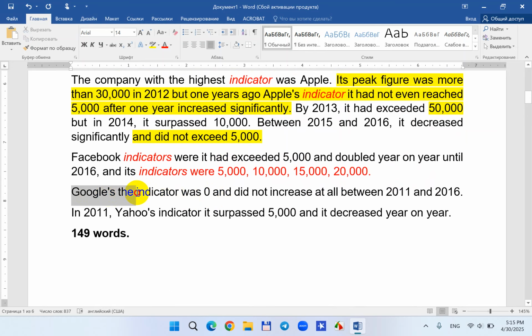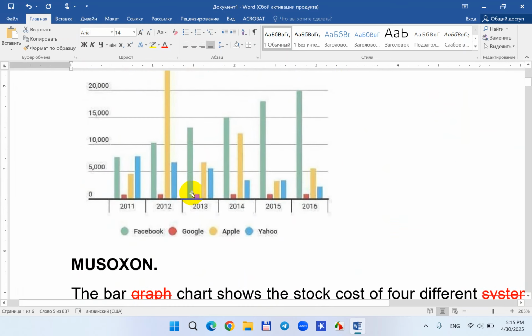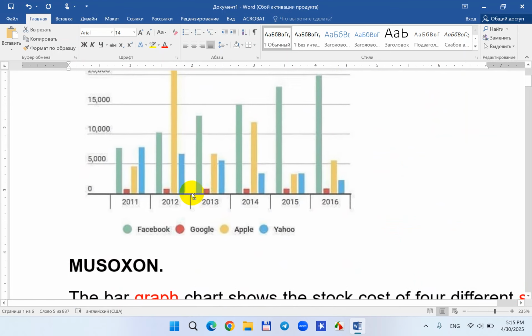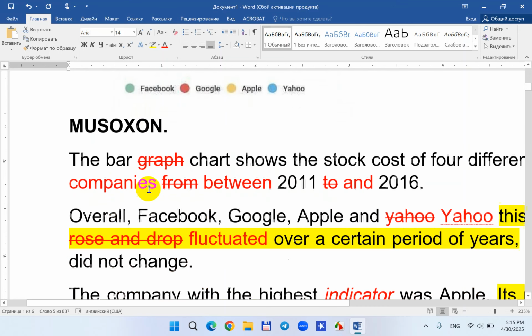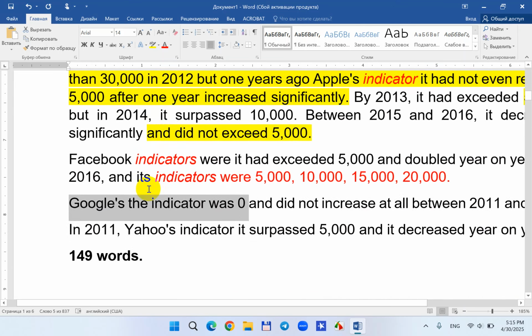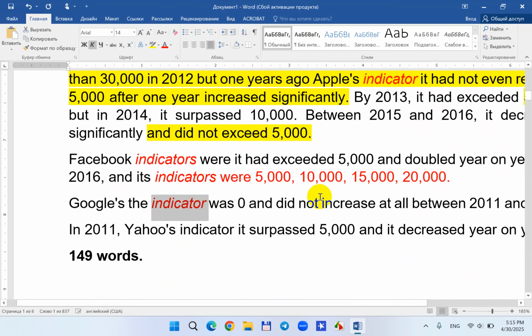So Google's indicator was 0. Was it exactly 0? Of course, no. I think 0 is this part, but I think it was more than 0. That's why your data is incorrect here. You are again overusing this word. 0 is definitely incorrect. Did not increase at all.